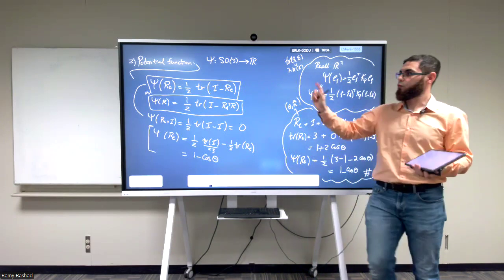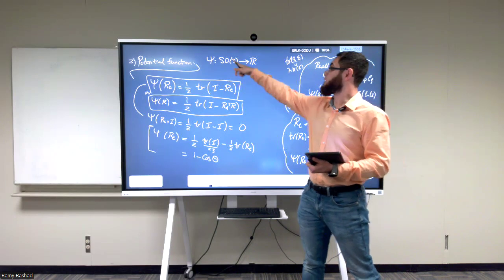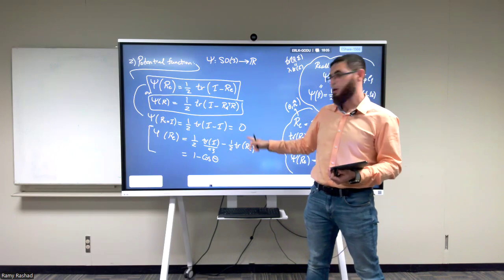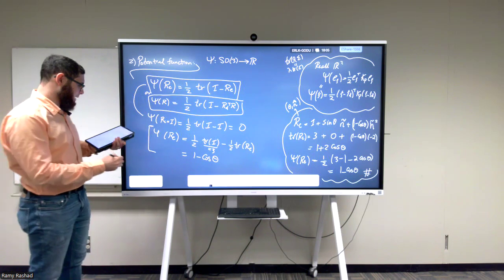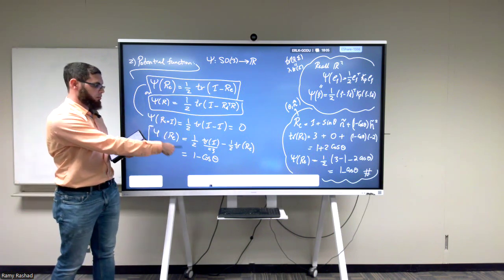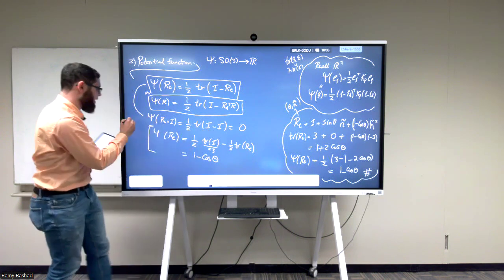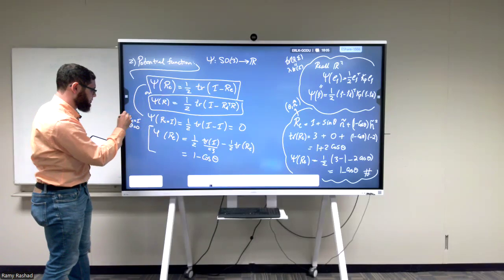But what we're saying here is this is one possible choice of the potential function. This is a map from SO3 to R, so it's 0 here. And if we take this result that we had, you can show that when R is equal to identity, then theta is equal to 0, and cosine of theta is 1, so the function is 0.